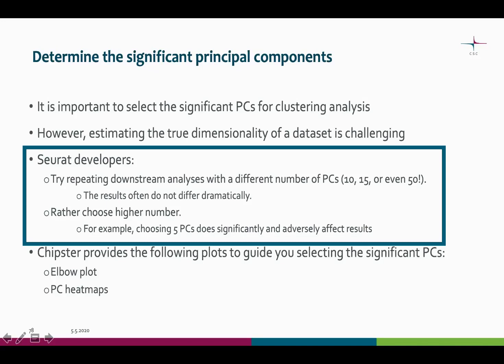So they say that you can try repeating the analysis with different numbers of principal components. The results often do not differ that dramatically. They also say to rather choose a higher number, but don't be too greedy. For example, choosing only 5 principal components can make the rest of the analysis a bit difficult.